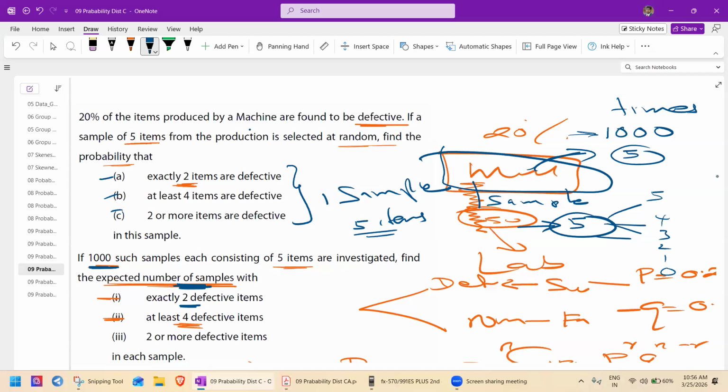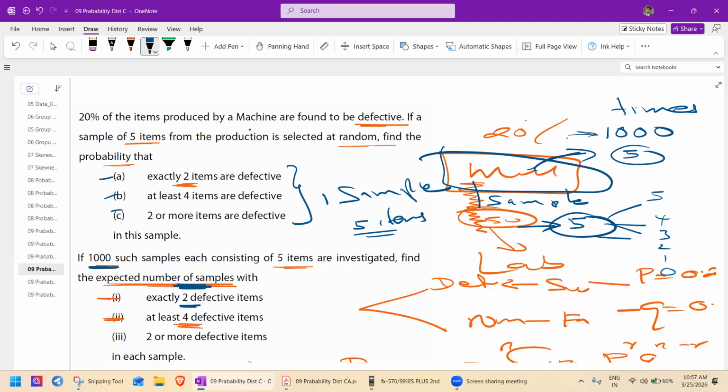To get 2 defective items, how many samples should he take out of this 1,000?